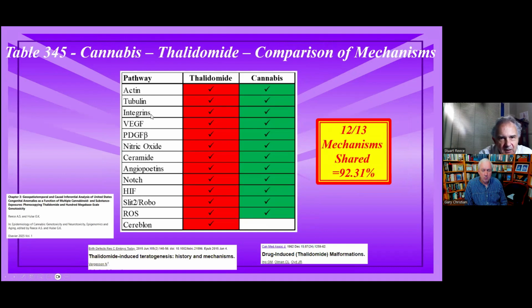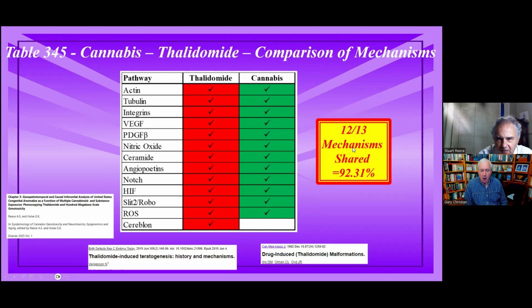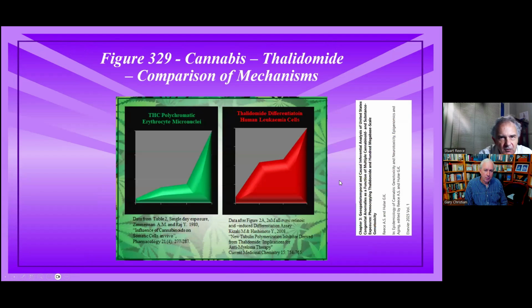And if you dig into the literature and explore the mechanisms by which thalidomide works, of the 13 described mechanisms for thalidomide, cannabis shares 12. So there's marked teratological overlap, phenomenological overlap, and the mechanisms are closely shared between the two.